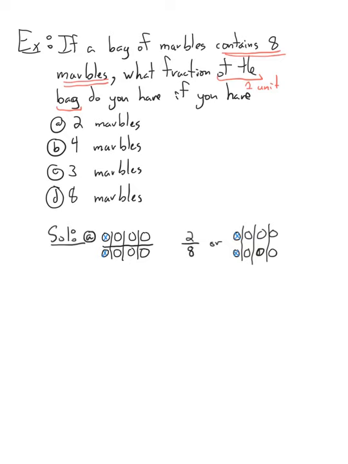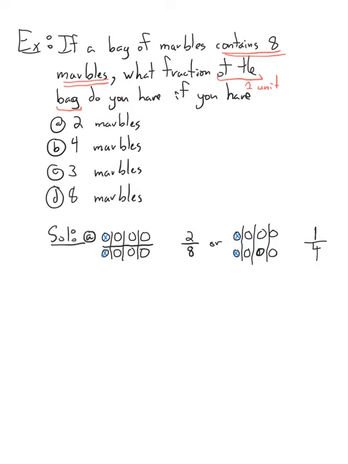In this case, it takes 4 equal pieces to make an entire bag. So if each piece contains 2 marbles, and there are 8 marbles in a bag, then 4 pieces of 2 marbles makes up 1 bag of 8 marbles. And we have 1 of these 2 marble pieces, so it could be 1/4.